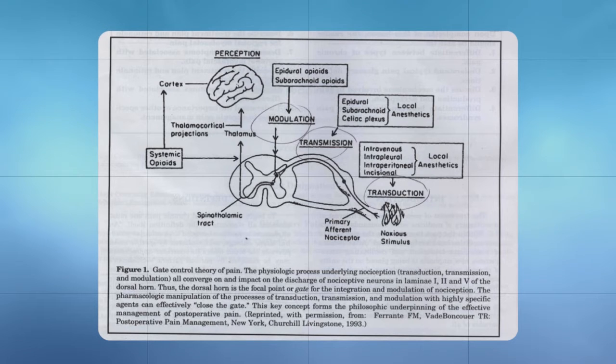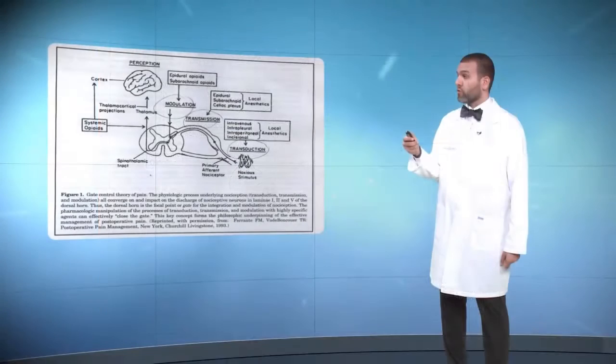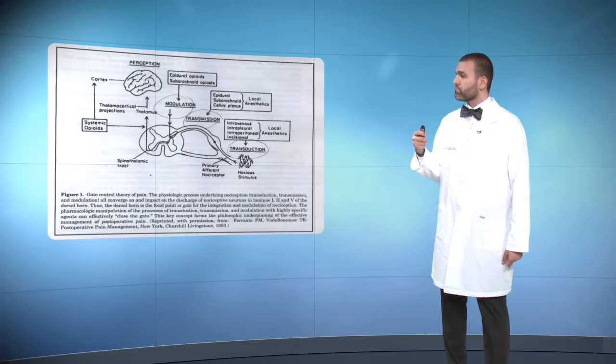And then you've got the ascending spinothalamic perception, and you've got the cortex going down to the modulation part at the spinal cord level, where you can use epidural opioids or subarachnoid opioids and different agents.